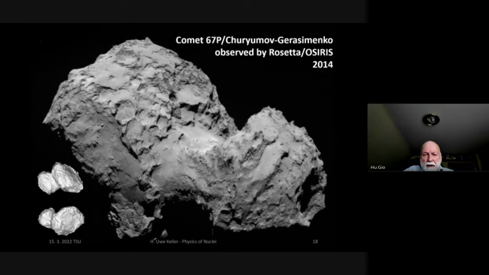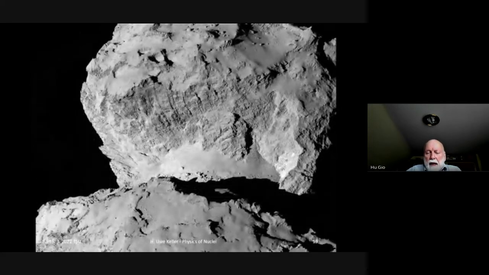But the surfaces which had a horizontal orientation seem to be rather smooth and obviously covered by some grains or dust. And the roughness of this comet is really astonishing.